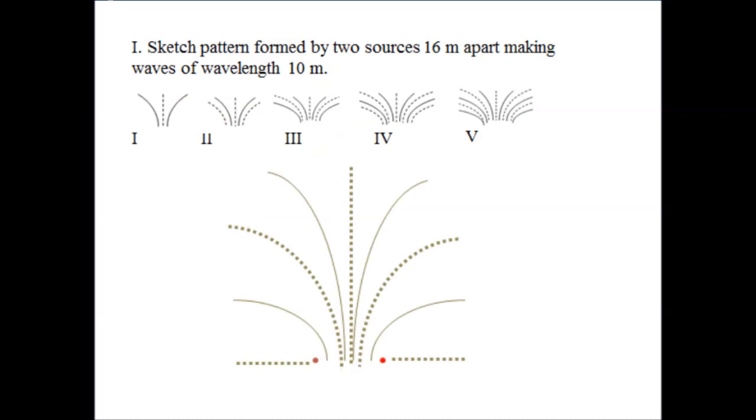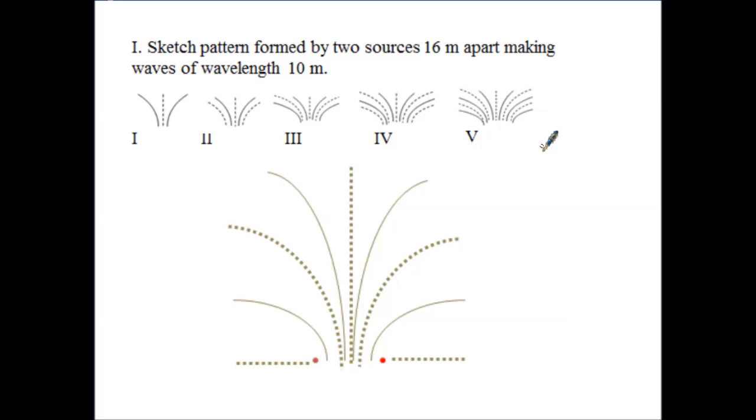Here you have an exercise where you have the two sources are 16 meters apart, and they're making waves of wavelength 10 meters. So which one of these 5 would be what the interference pattern would look like?